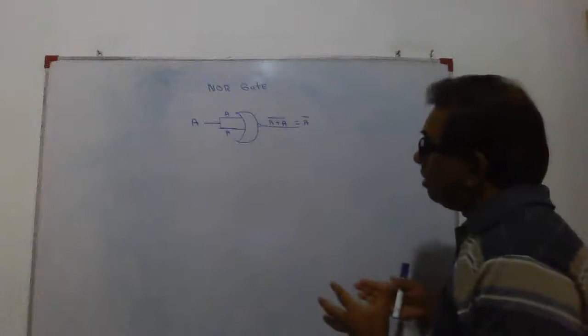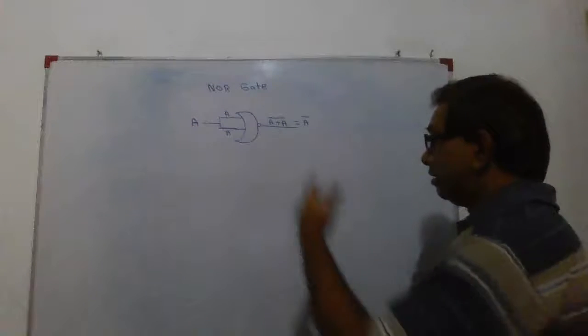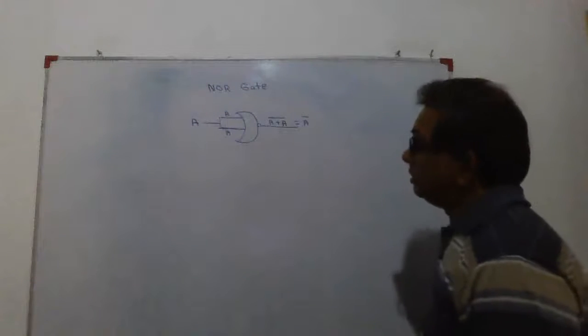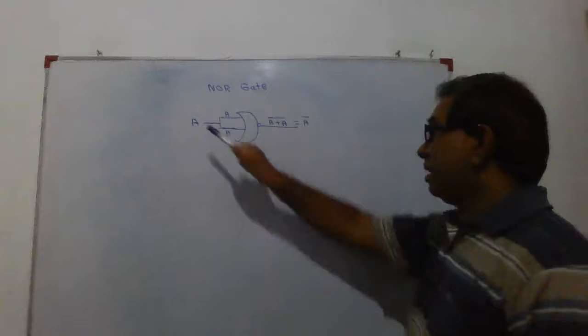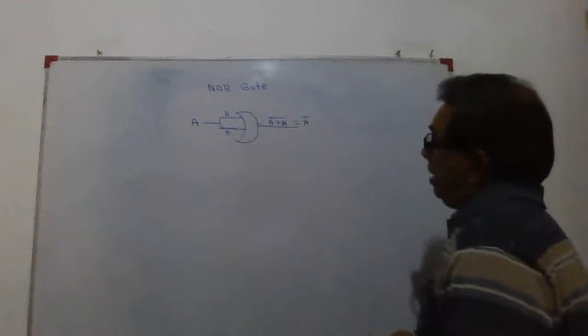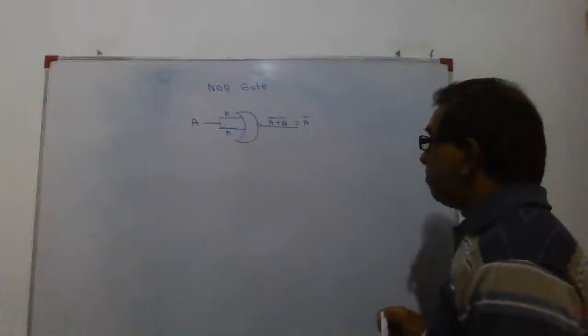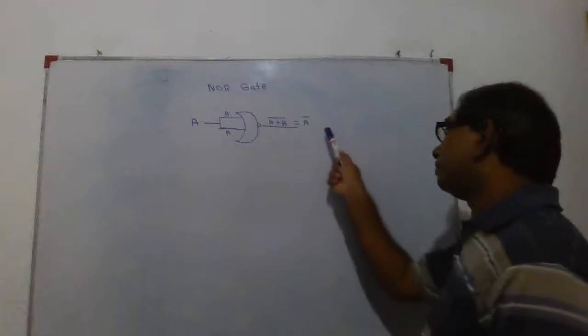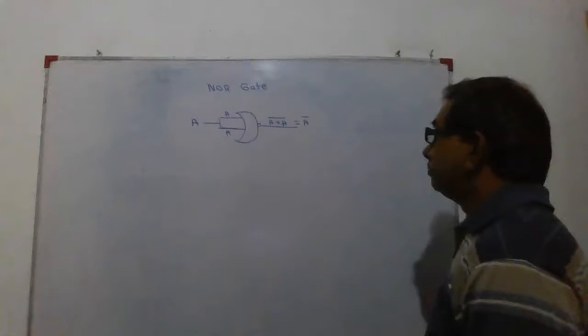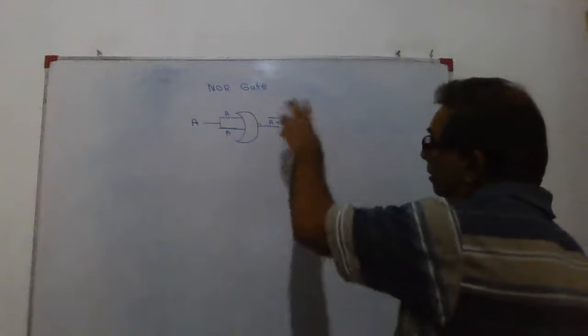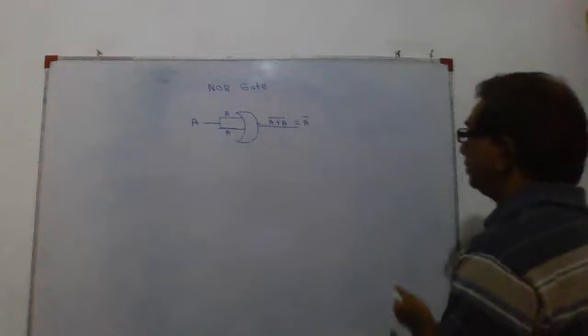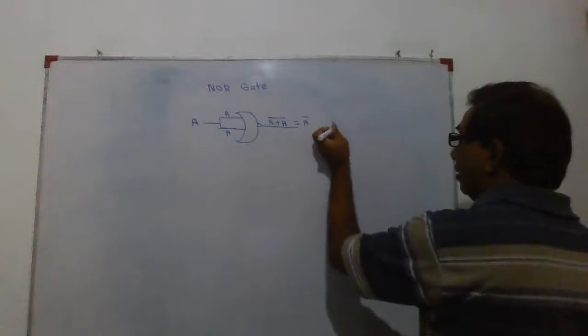So 1 NOR 1 gives 0, otherwise 0 NOR 0 gives 1. So the same value A. A NOR A means A bar. So it is a NOT gate. See that NOT gate.